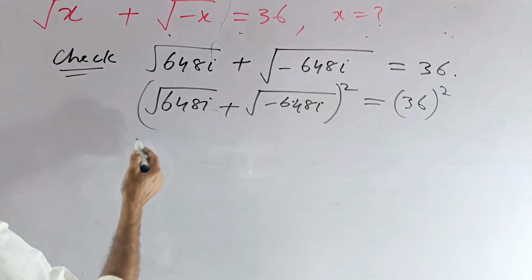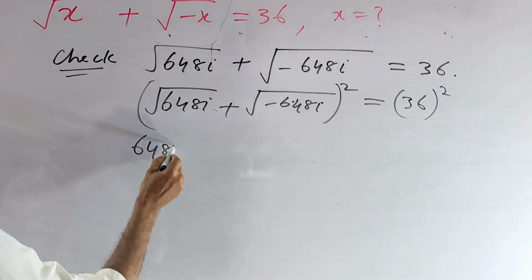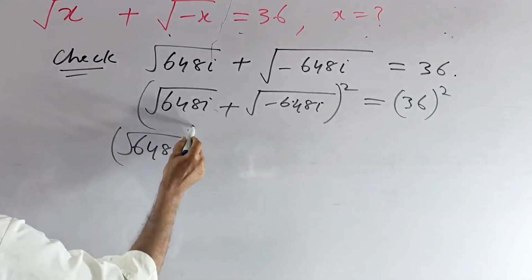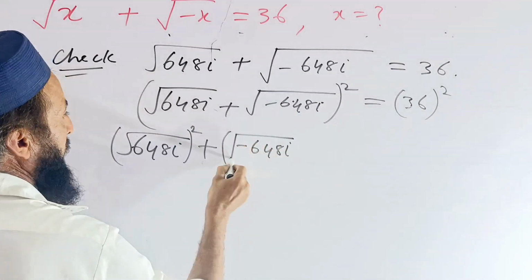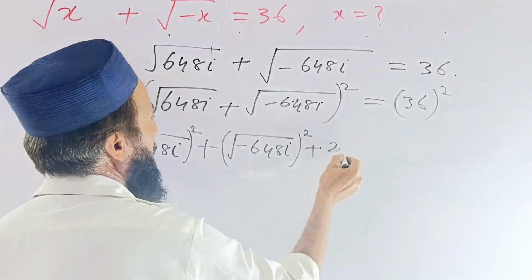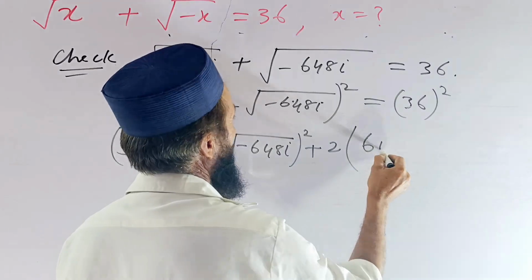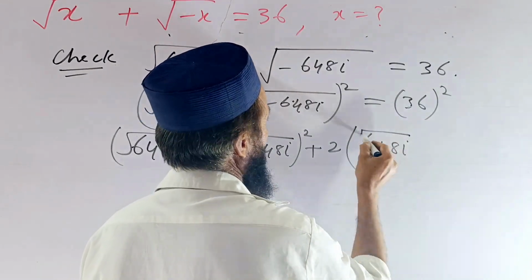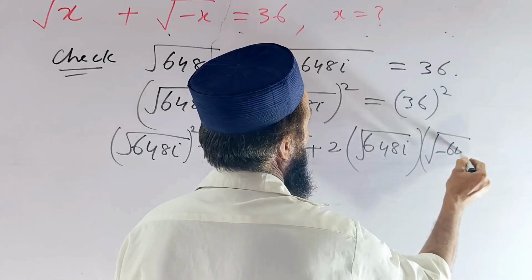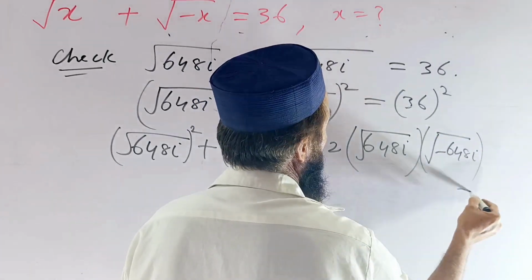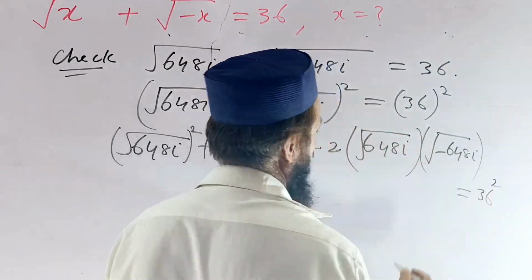Now according to the formula, a square plus b square plus 2ab: the squares of 648 iota and minus 648 iota, plus 2 times 648 iota and minus 648 iota, is equal to 36 square.